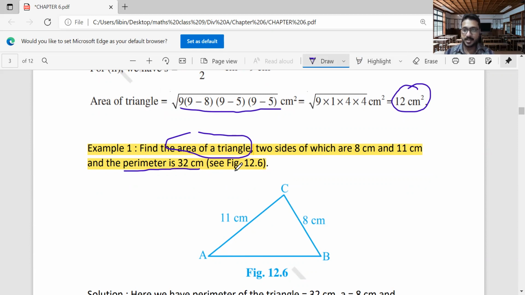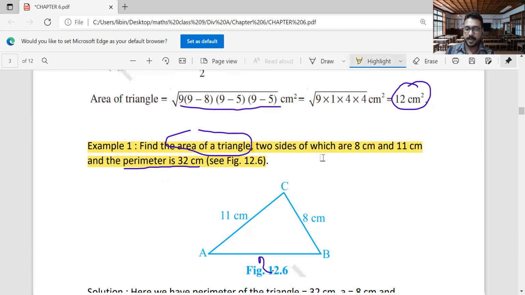We know that the perimeter is the sum of all the sides of a triangle. Since we have two sides, if we subtract the sum of these two sides from the perimeter, it will give us the length of the third side.